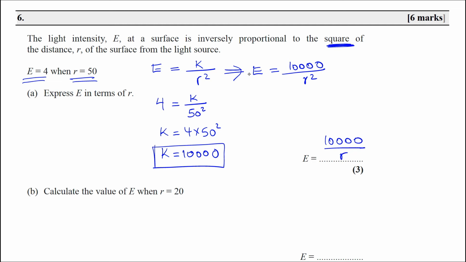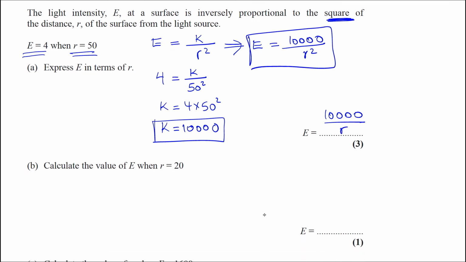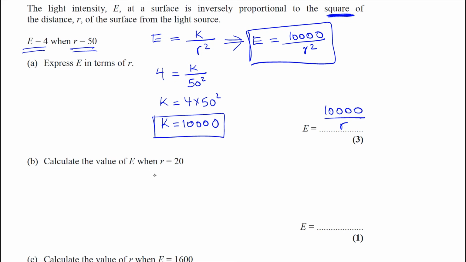Then the next step is to calculate the value of E when R is equal to 20. When R is 20, E will be given by 10,000 over 20 squared. Plug that in your calculator, and this will be equal to 25.